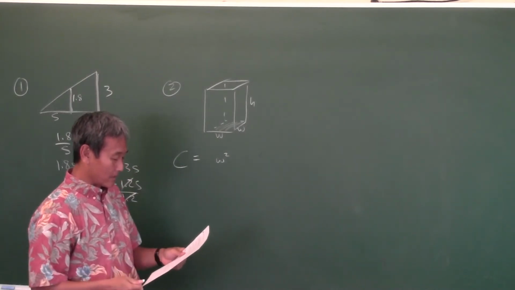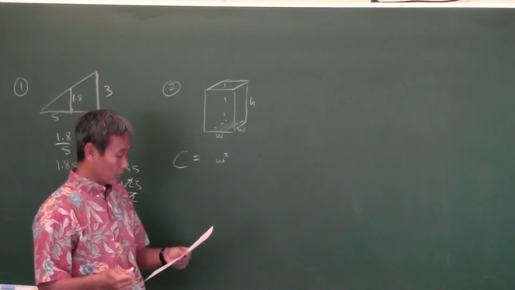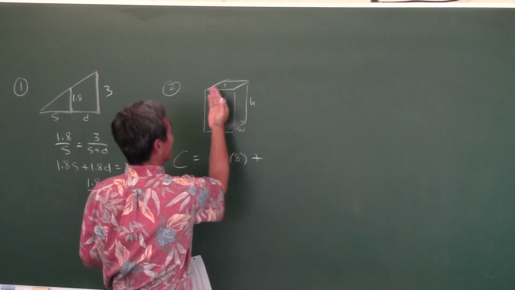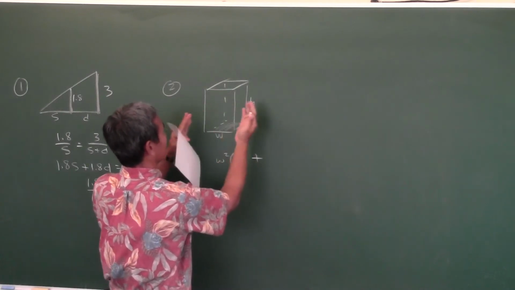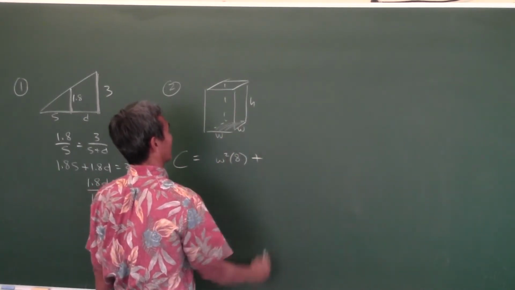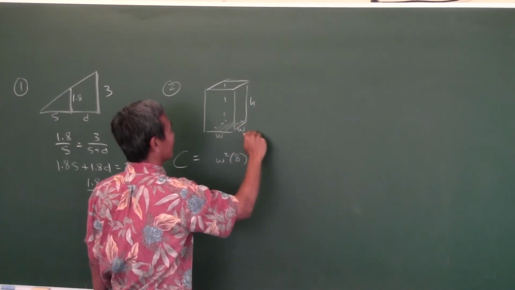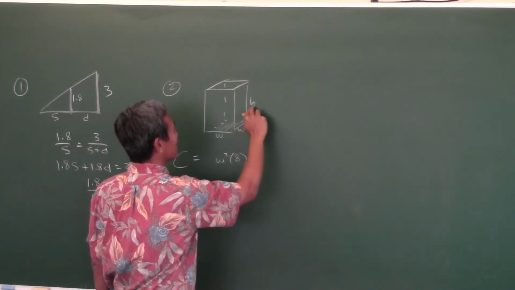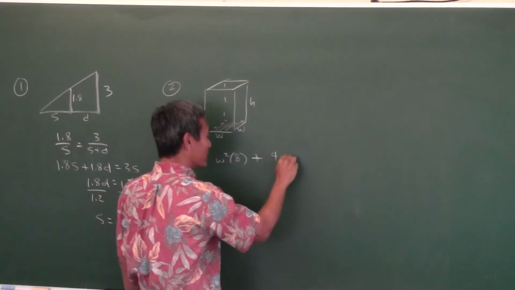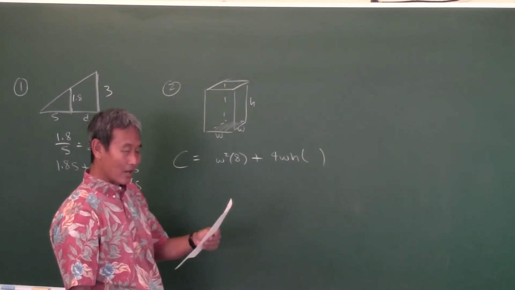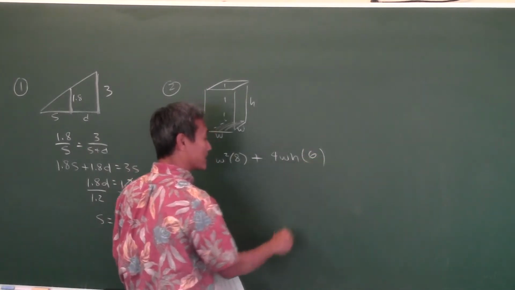What does it say? $8 per square meter. So you got to multiply this by 8. Plus, what is the area of the 4 rectangles around the sides? What's the area of one rectangle here? W times the H, but you got 4 of them. 4WH. And how much does that cost? $6 per square meter. So you got to multiply it by 6.